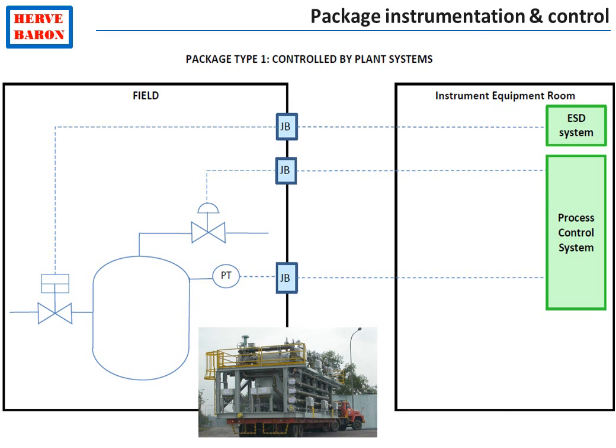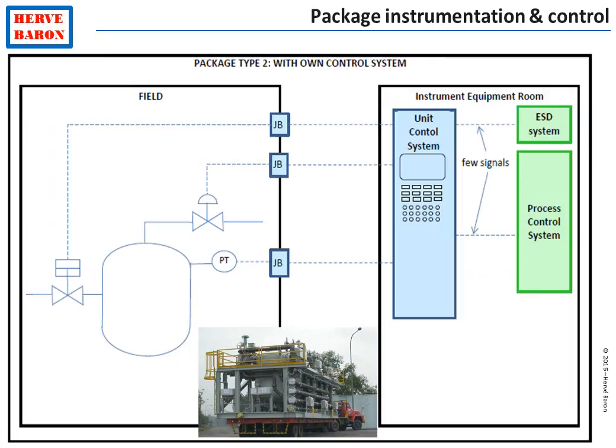Indeed, some packaged equipment and some packaged units, such as the one shown here, are controlled by the plant systems. Their instrumentation is connected to the plant process control system and plant process safety system. Others have their own control and safety systems. This is, for instance, the case where a complex control or sequence and safety functions is required.